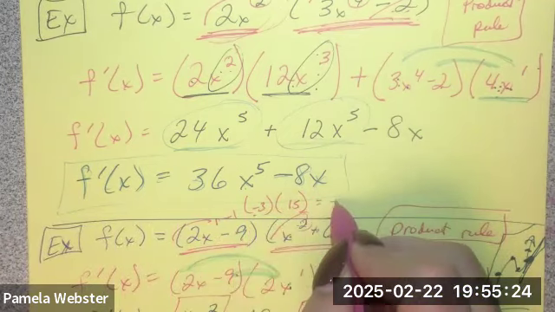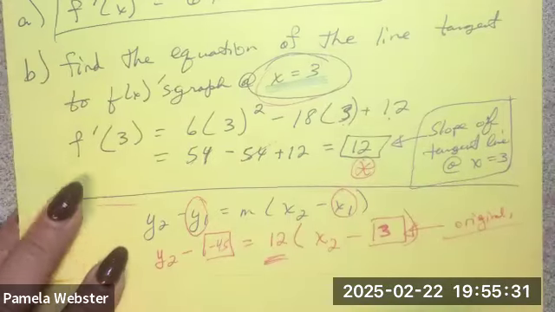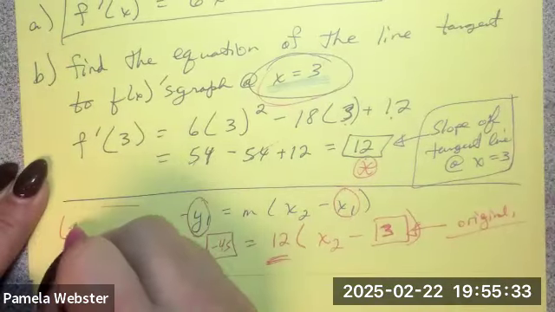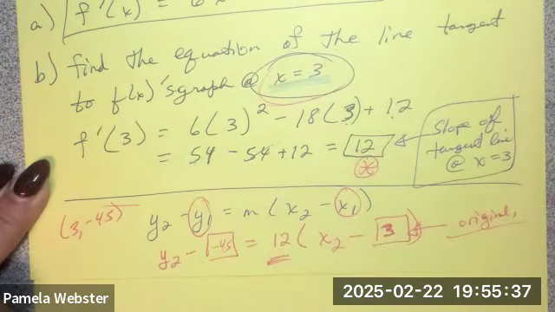Plug in a 3, I get out a negative 45, right? Negative 45. That's my point that I just found: 3, negative 45. So that's what I'm using for my x's and y's. Is that all right?